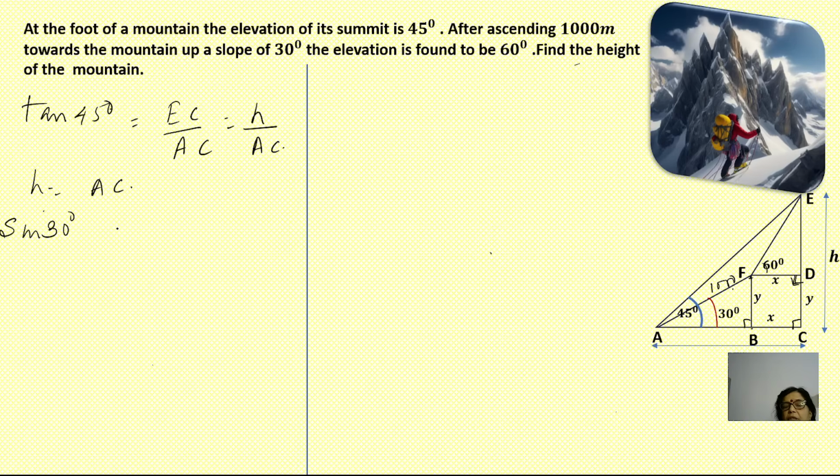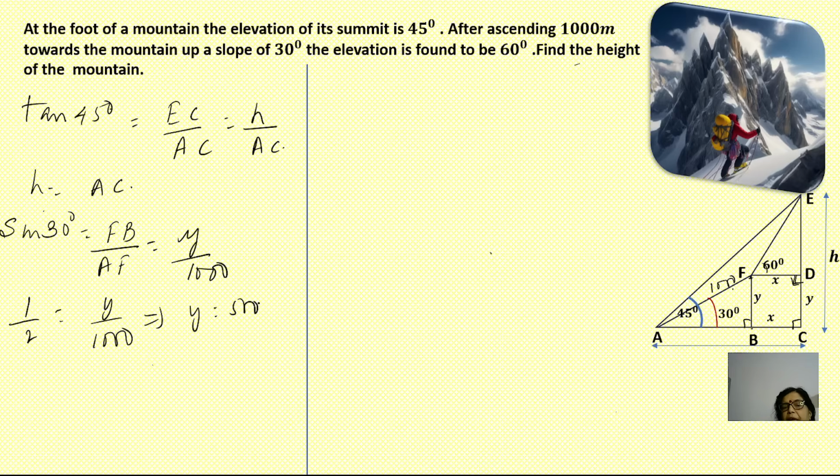Sine 30 will be equal to FB upon AF. Now FB is represented as Y and AF is 1000. Sine 30 is half. So half is equal to Y by 1000, which implies Y is equal to 500 meters. That means this vertical distance is 500 meters.